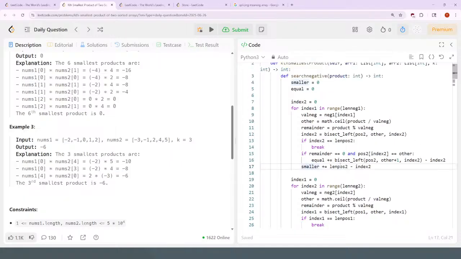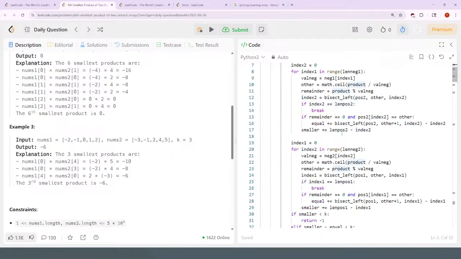And then smaller is increased by the difference normally. So this is smaller than or equal to the number of times I see a product that's smaller than or equal to the product I'm searching for.